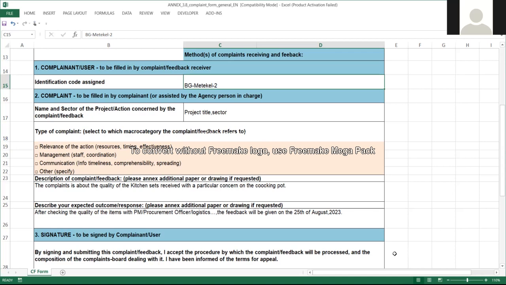Then you go to description of complaints or feedback. You describe the complaint you received under this title, description of complaint or feedback. Please annex additional paper or drawing if required, if requested.